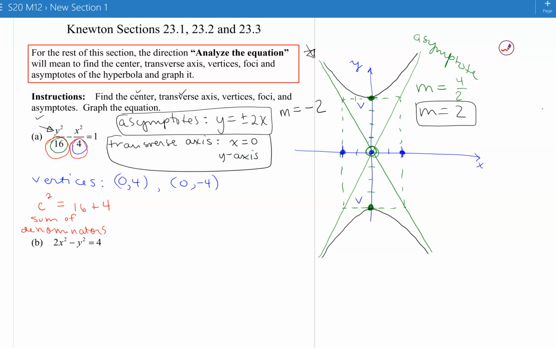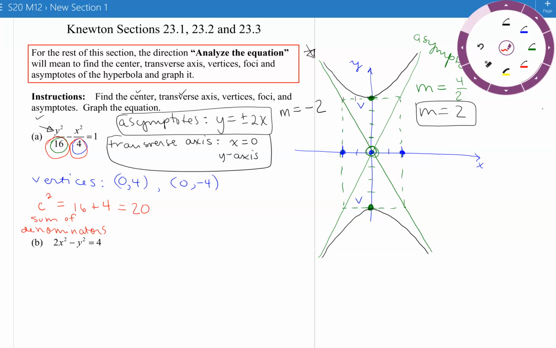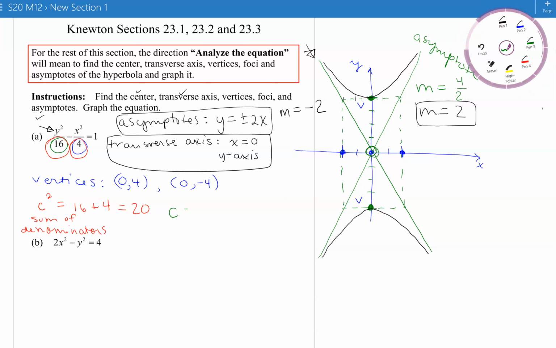For hyperbolas, the formula has a minus and the c squared has a plus. So c squared is 20. So c equals plus or minus the square root of 20, which you should simplify to plus or minus 2 root 5. So we know the square root of 20 is between 4 and 5.